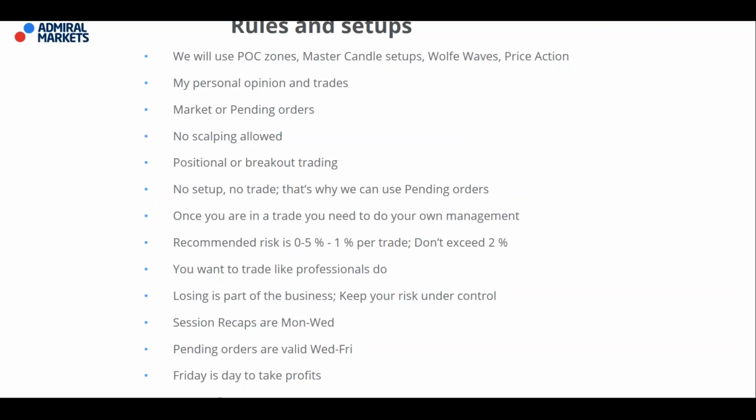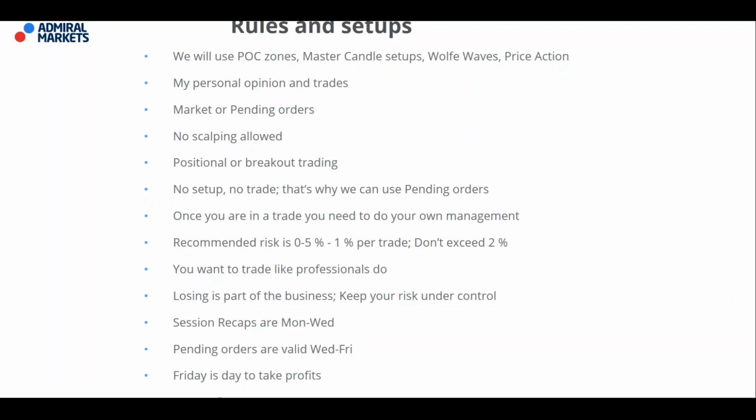We can scalp only if we see, let's say, a breakout of a master candle, and then we close the master candle breakout for 10 or 15 pips. That is okay, but that is not ordinary scalping. Once you're in a trade, you need to do your own trade management.